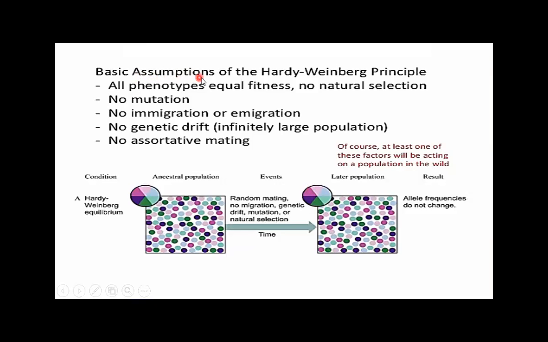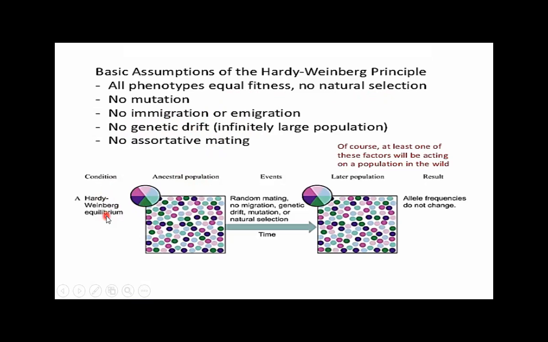Now, the basic assumptions of the Hardy-Weinberg principle are that all the phenotypes are equally fit, no natural selection, no mutation, no immigration, no emigration, no genetic drift, and no assortative mating should be there. So this is the ancestral population.